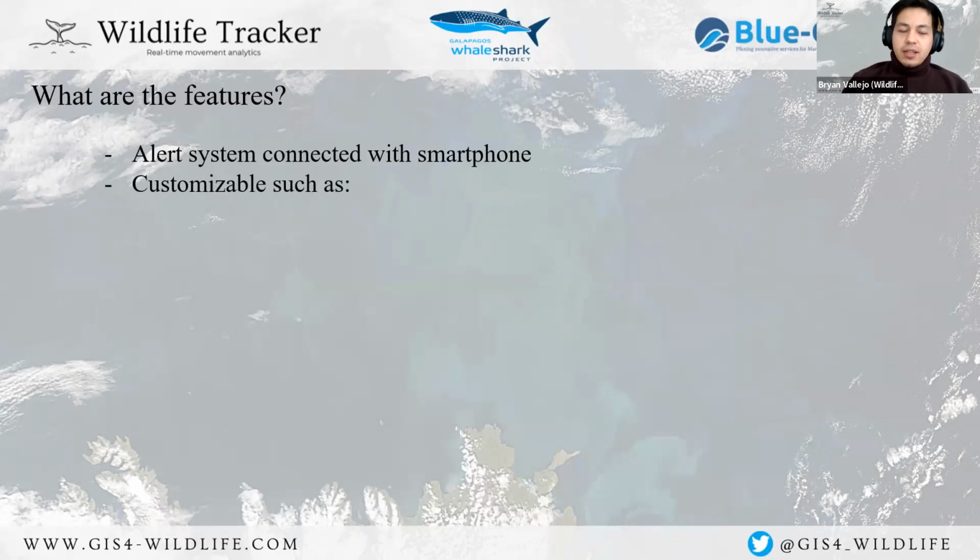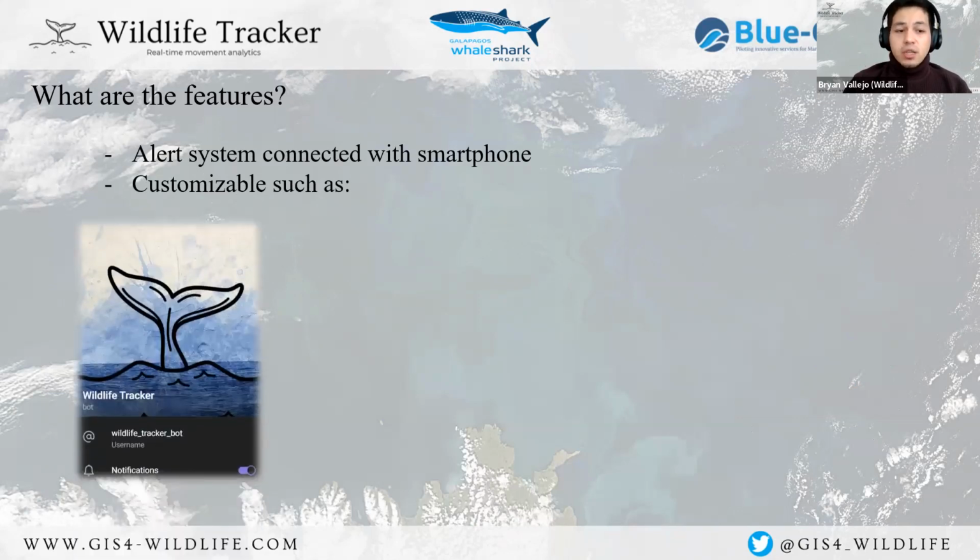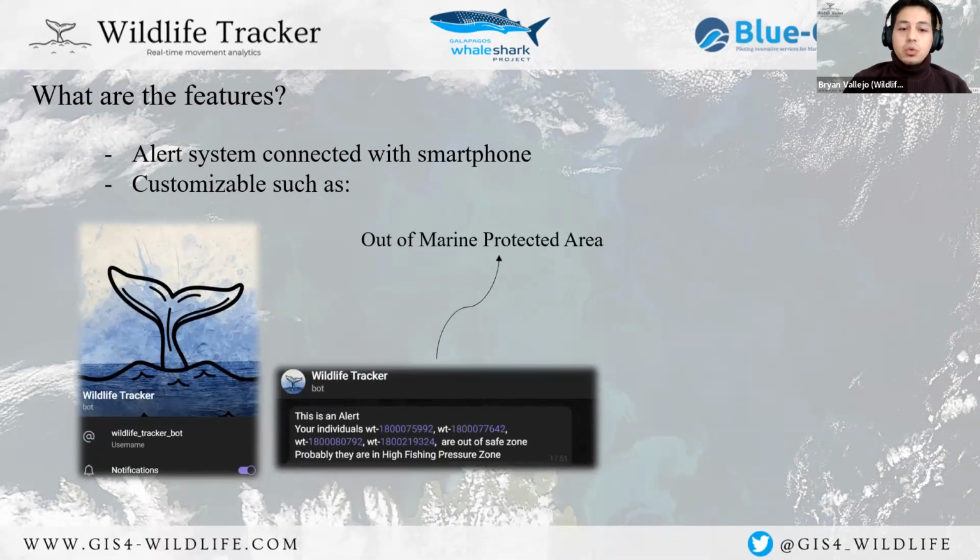We have also been working on an alert system that is connected through a personal mobile phone. It can be customized depending on what people need. At the moment, we have adapted it to moments when the individuals are out of a marine protected area. It can also be adapted for when they have not been giving signals in the last 5 days.